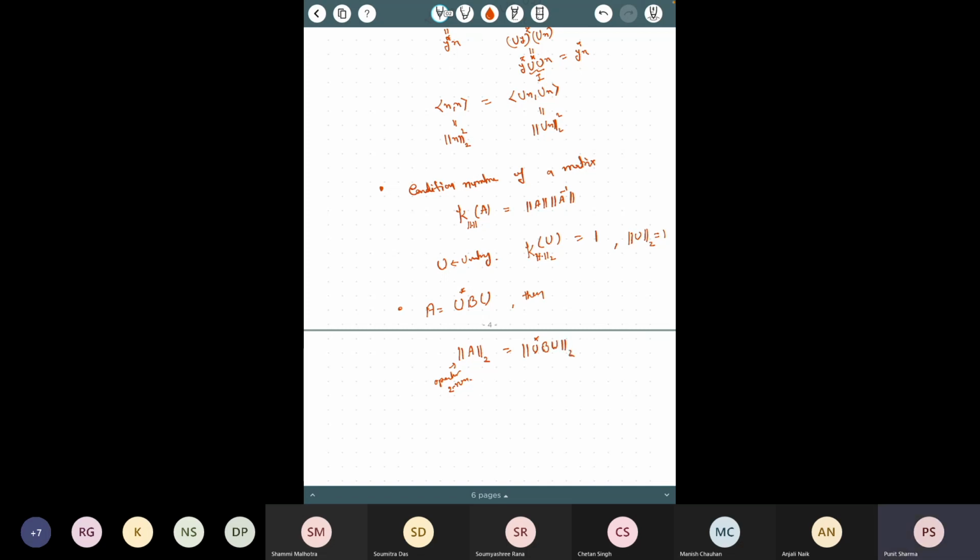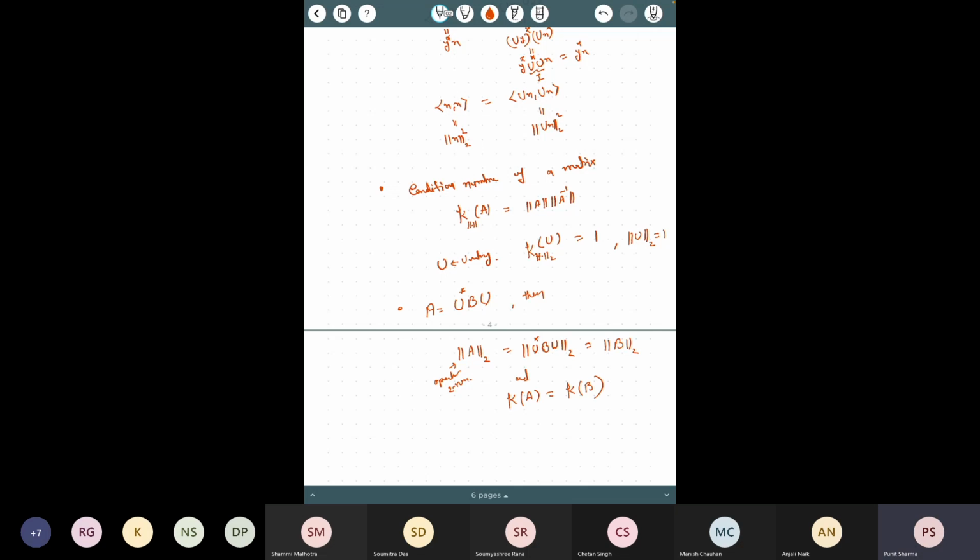Because 2 norm is unitarily invariant. So even after applying this similarity transformation, the norm remains same. And therefore the condition number of A is same as condition number of B.